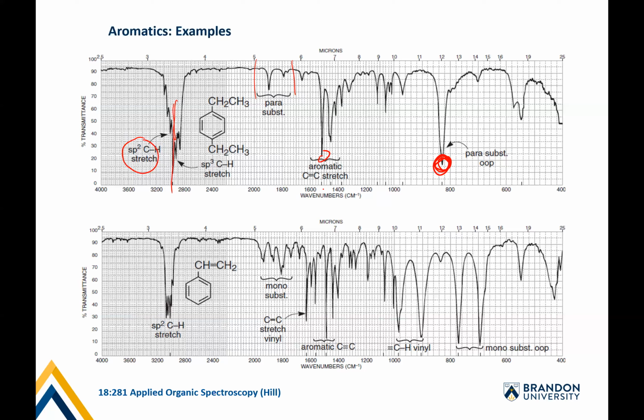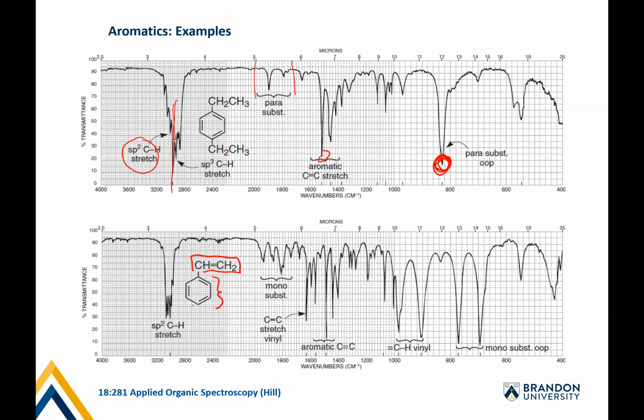And sometimes things can be a little bit confusing if you've got an alkene. We're mixing 2 functional groups here. So with styrene, you've got an alkene which has an out of plane bend, and you've got an aromatic ring which has an out of plane bend.